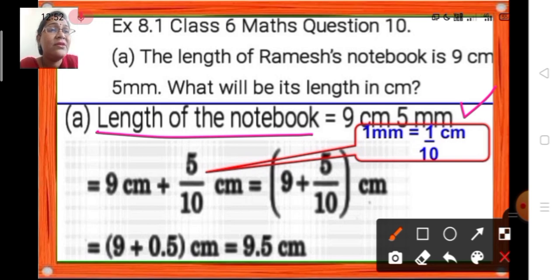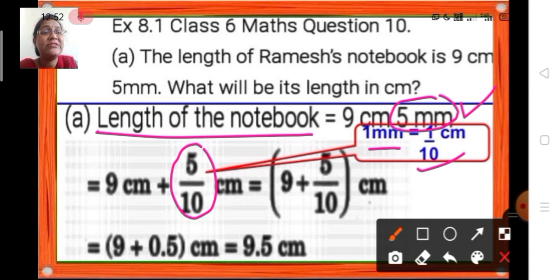Here, children, we need to convert this 5 mm into centimeters, as we know that 1 mm is equal to 1 upon 10 centimeter. Therefore, 5 mm will be written as 5 upon 10 centimeter. Then as the fraction 5 upon 10 is written as 0.5 in decimals, we'll get the answer as 9.5 centimeter. Therefore, the length of Ramesh's notebook in centimeter is 9.5.